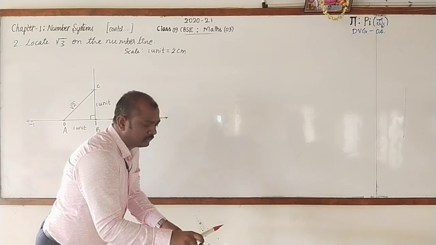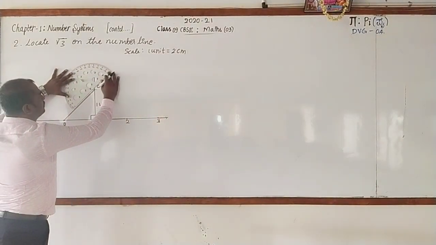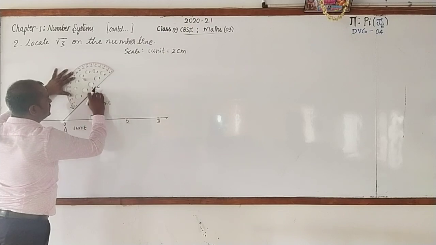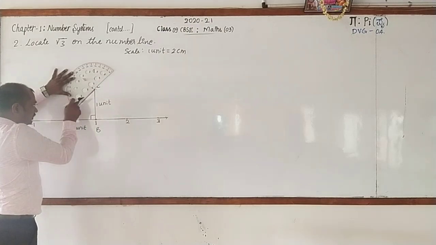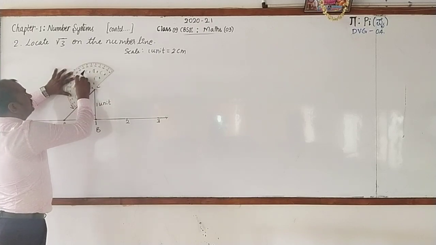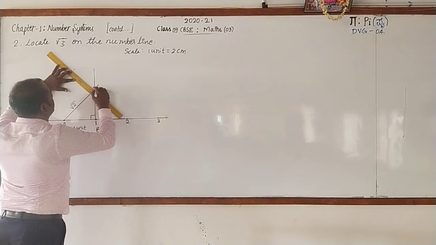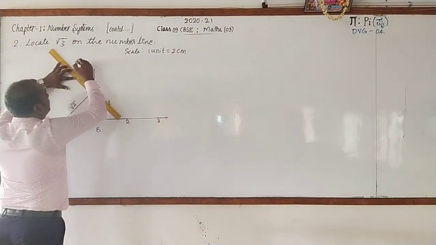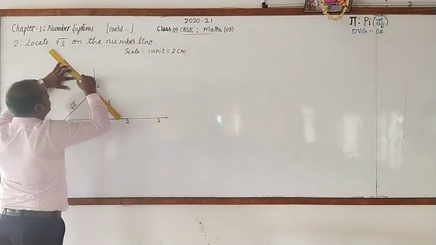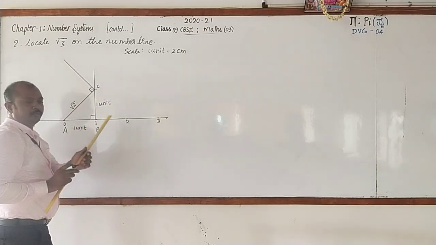Again take the protractor and place the point exactly at C along the line AC. Mark 90 degrees. Take a scale and draw the perpendicular here also. Then mark the perpendicular symbol without fail.